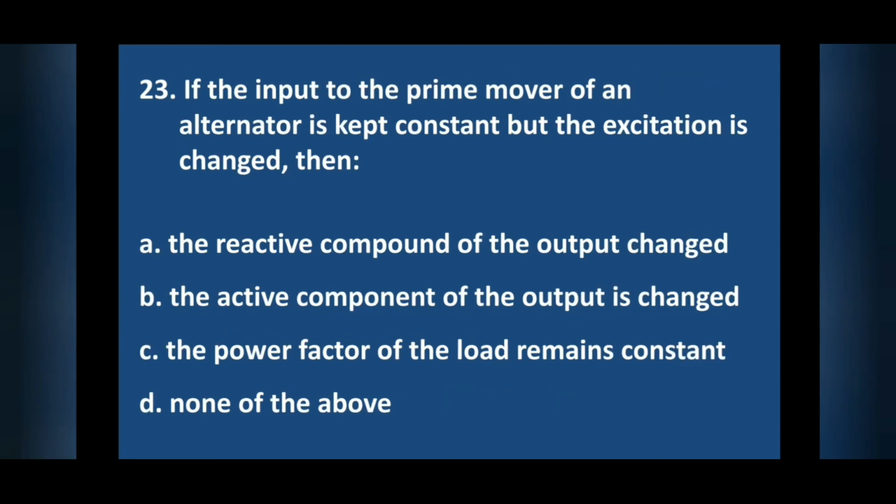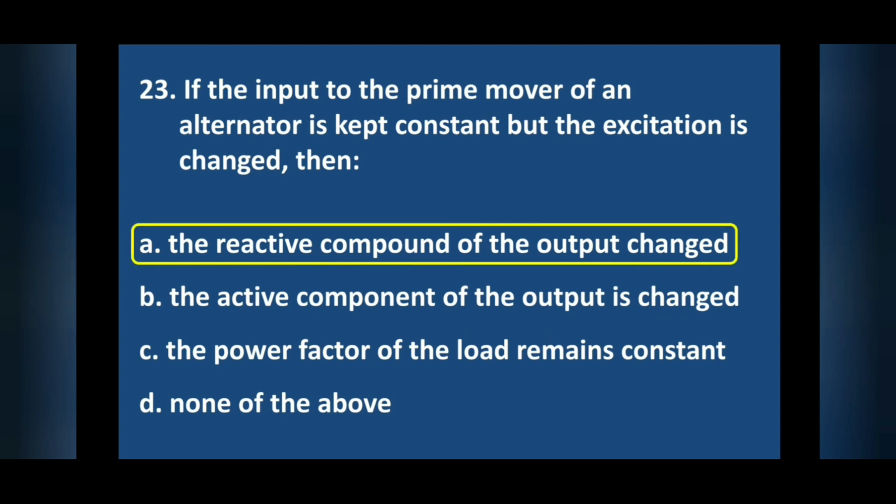Question number 23. If the input to the prime mover of an alternator is kept constant, but the excitation is changed, then. Answer is option A. The reactive component of the output changed.